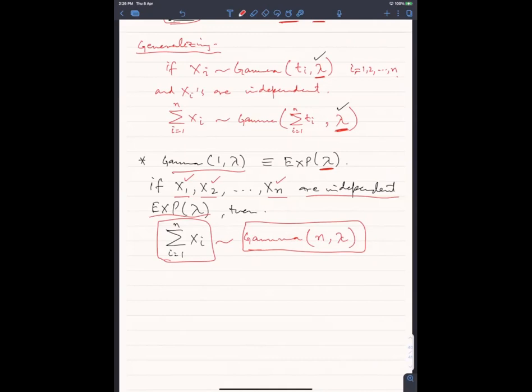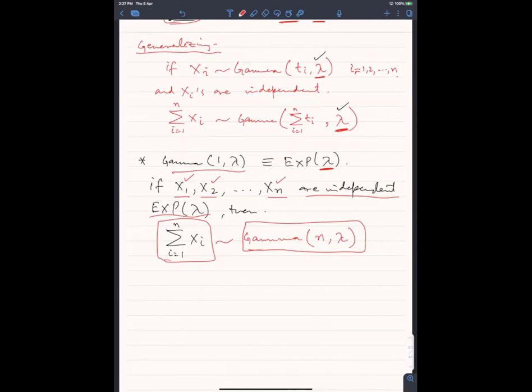Well, in this case the number of rolls is geometric, but let's say we roll a die every second, so the number of seconds until you see a 6 can be approximated by an exponential. We said a geometric can be approximated by an exponential, or vice versa. So exponential is the continuous equivalent of a geometric distribution.